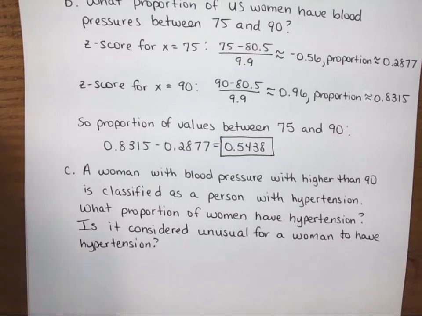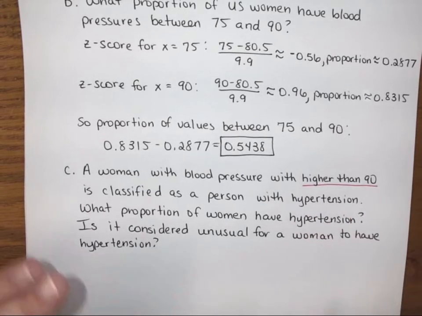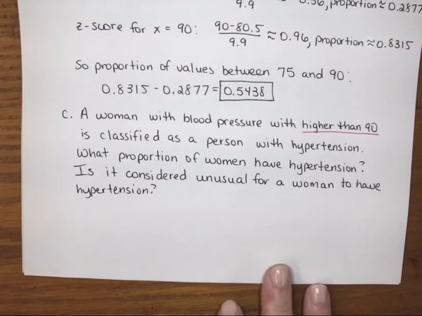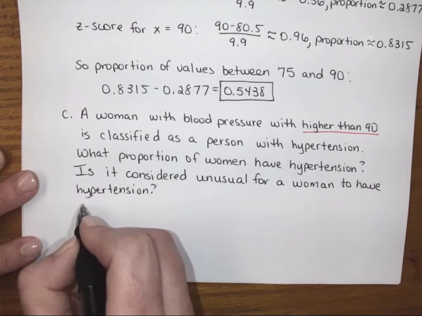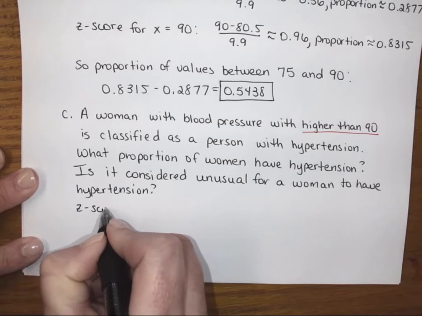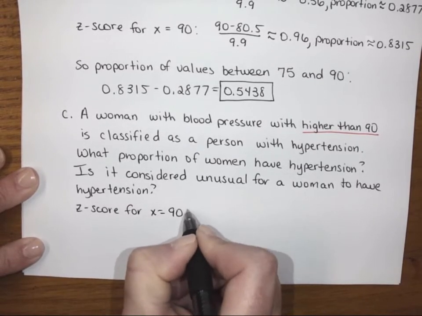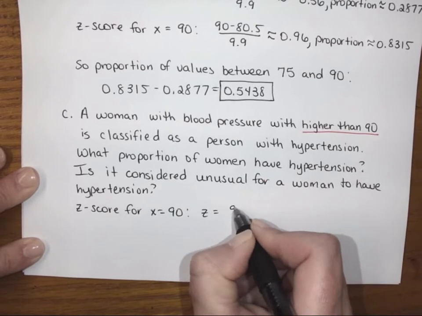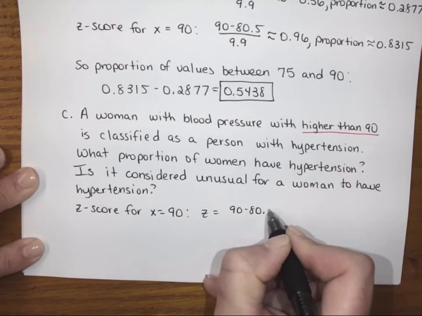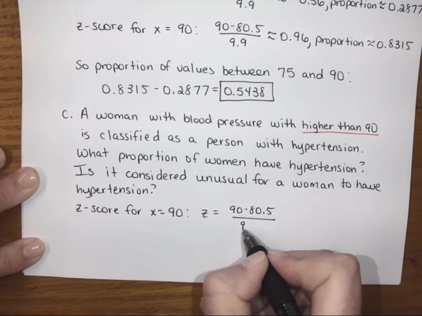Okay, so probably important, we're going to go ahead and underline that we have higher than 90 there. So whatever we read for the z-score, we're going to need to subtract it from 1. So let's find the z-score for x equals 90. So that's going to look like 90 minus the 80.5 over the 9.9.